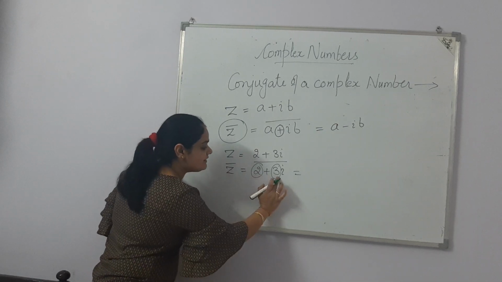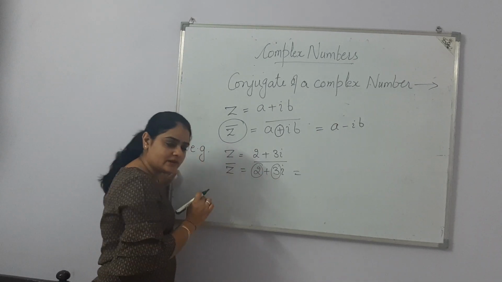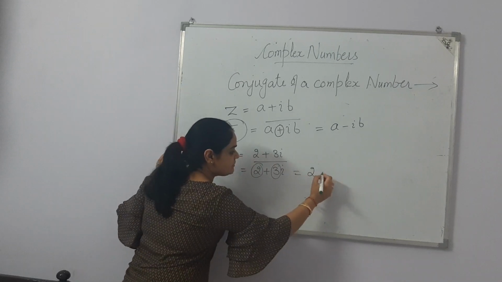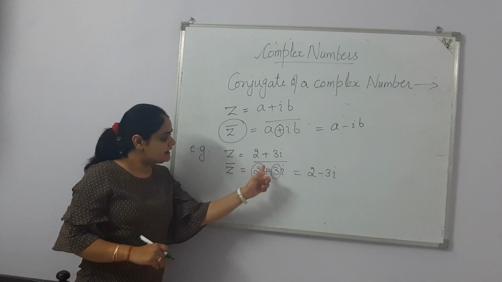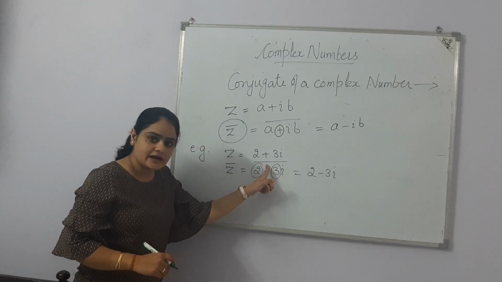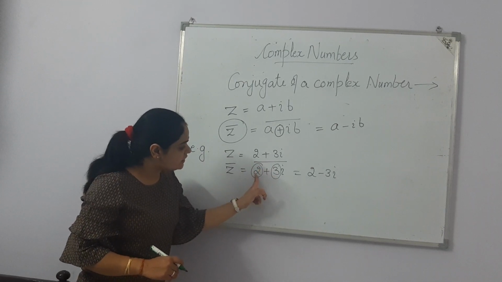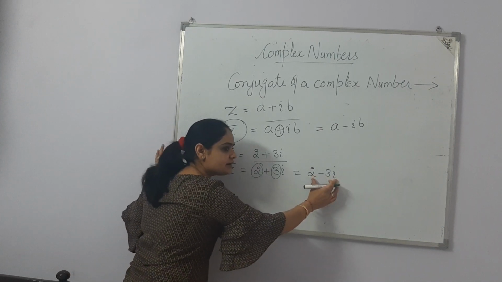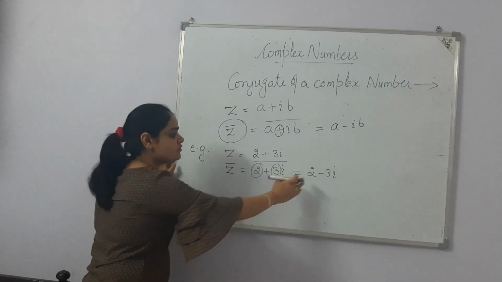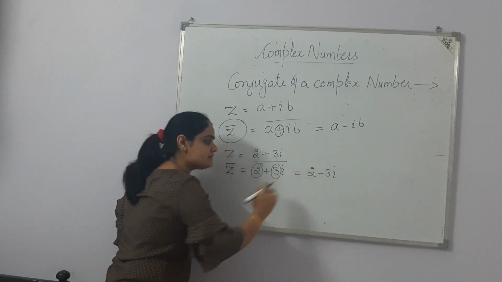The symbol in between the real and imaginary parts is plus. We just want to change the symbol. Now it is 2 minus 3 iota, and now there is no bar, which shows that we have already changed it. It's the conjugate of z, 2 minus 3 iota.